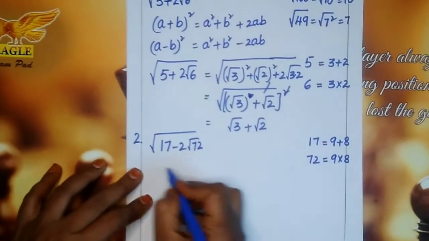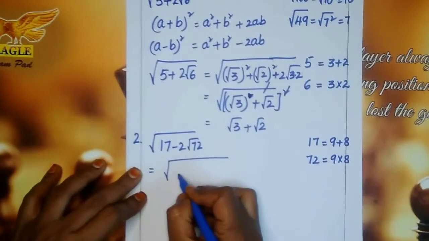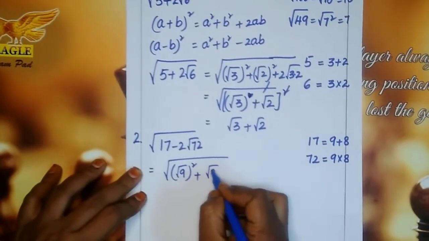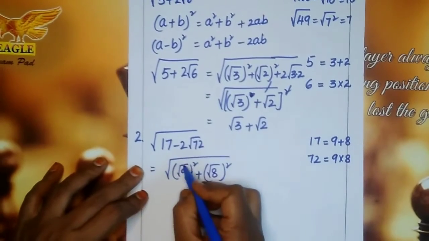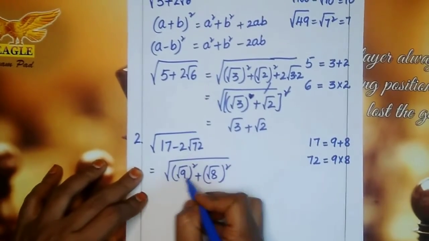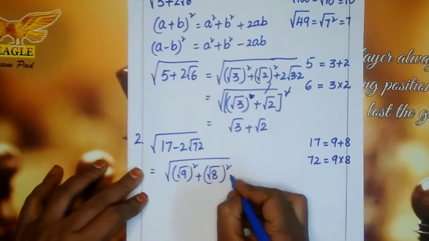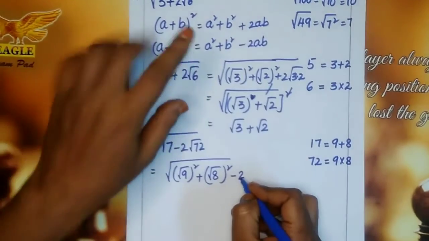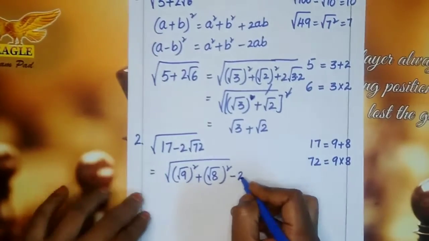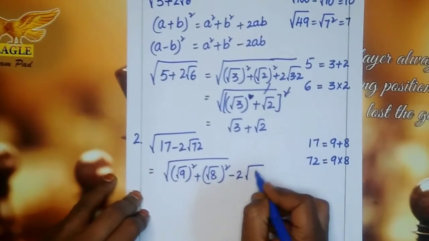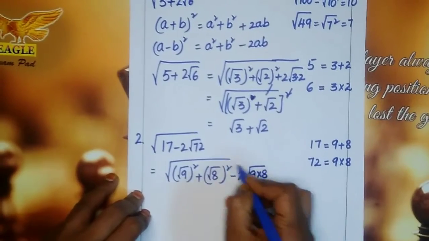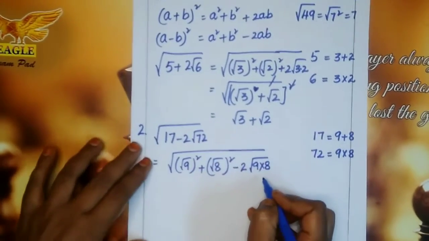Now how to arrange? Square root 17 can be written as root 9 square plus root 8 square. So that means square and root gets cancelled. So again you got 9 plus 8, which is 17 only. Just we arranged for the sake of this identity, we arranged like this. Now 2 into root 9 into 8. Right?